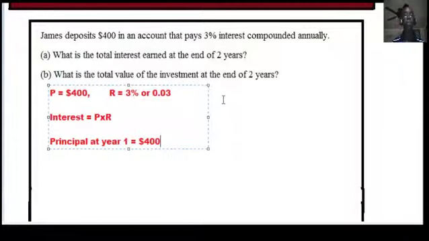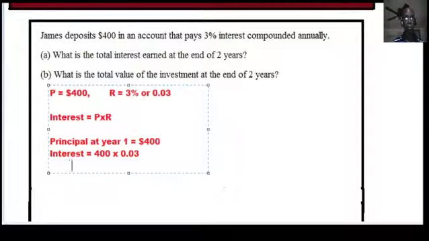So we can substitute these values into the interest formula to calculate the interest for the first year. Principal at the beginning of year 1 equals $400. Interest in year 1 equals 400 times 0.03.